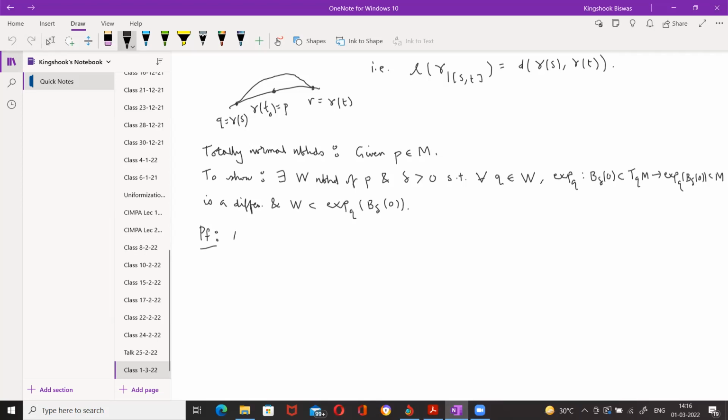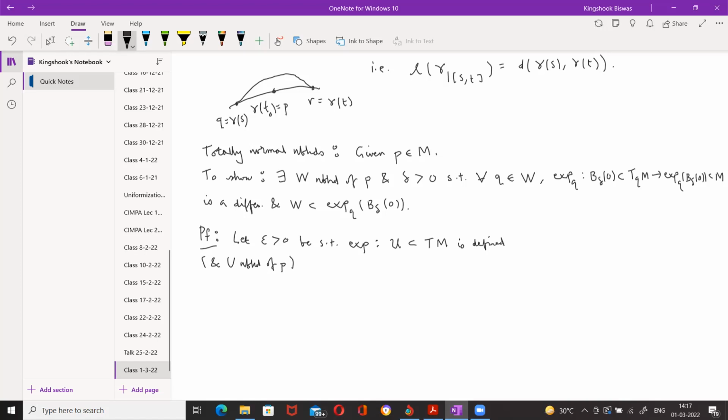So let epsilon positive be such that the exponential map X, from an open set in the tangent bundle, epsilon positive and U a neighborhood of P, is defined.